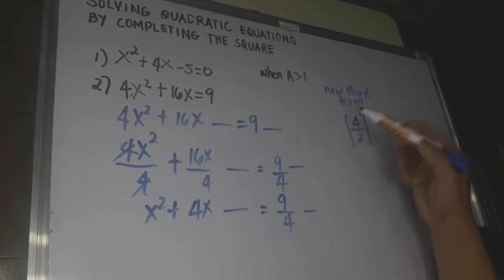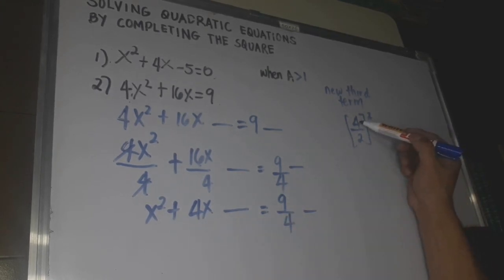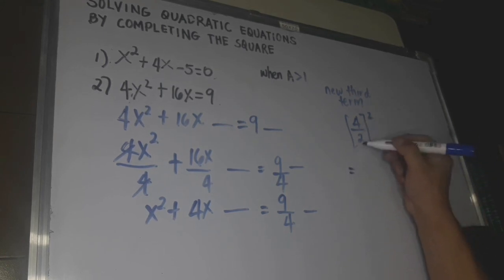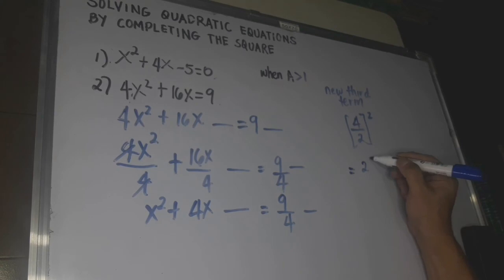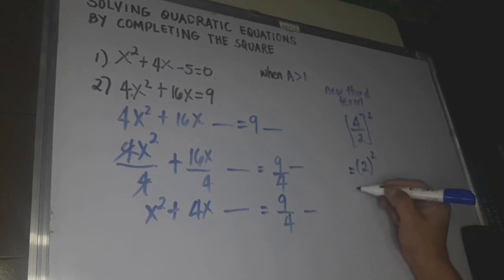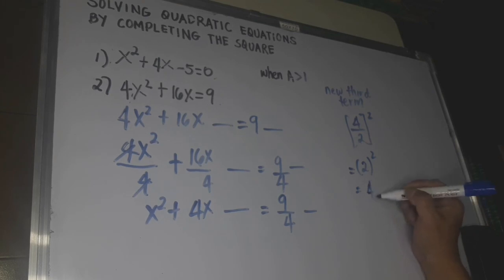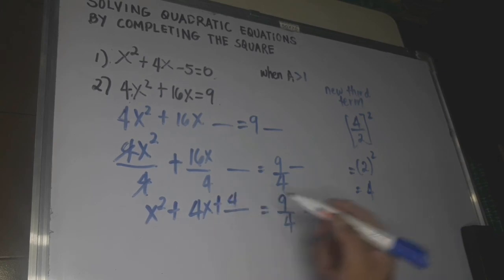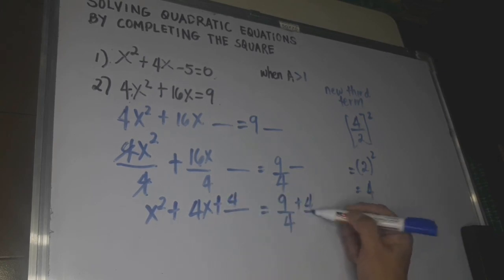The numerical coefficient of the second term changes, but these two remain the same. This is now 4 divided by 2 is 2, then squared, and this is now 2 squared, or 2 times 2 is 4. This is our new third term. So we add plus 4 and then plus 4.